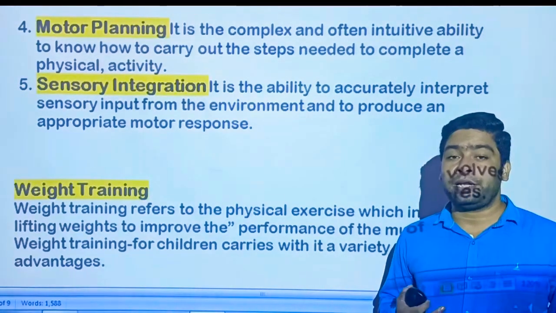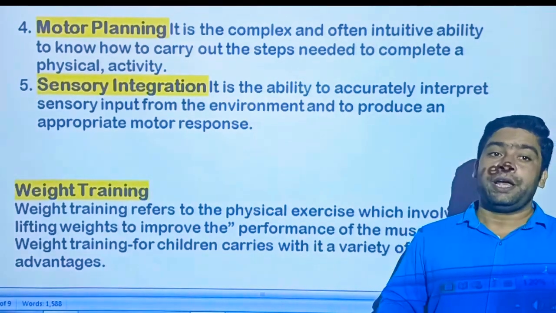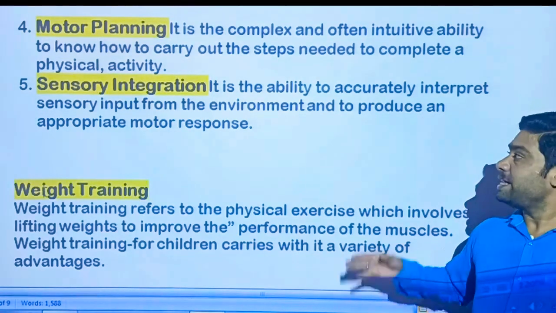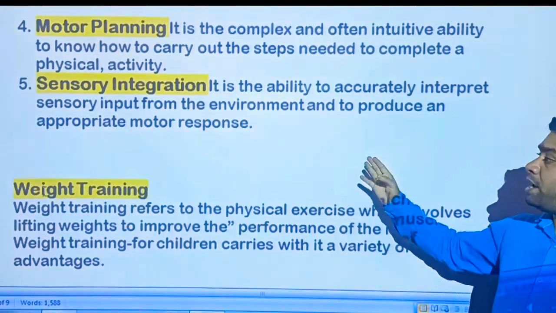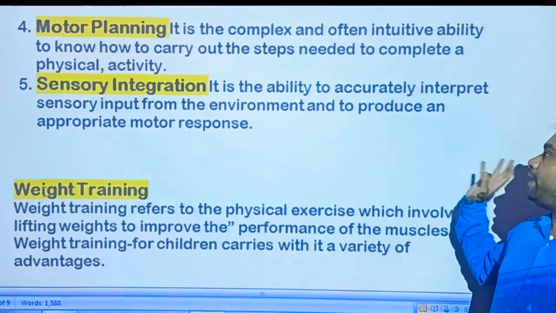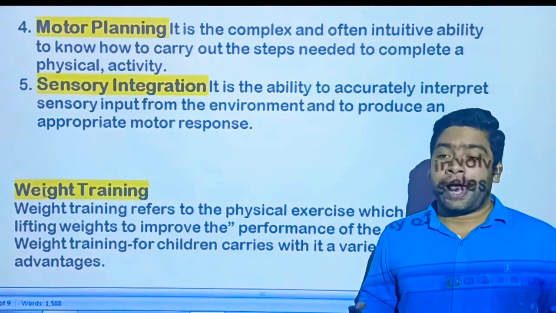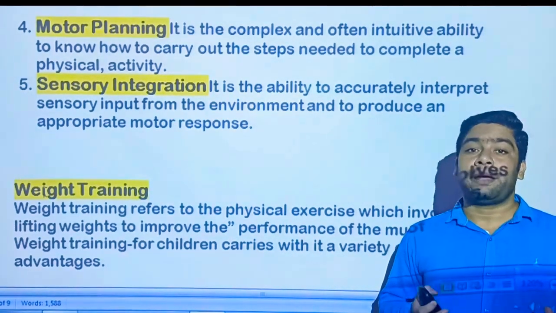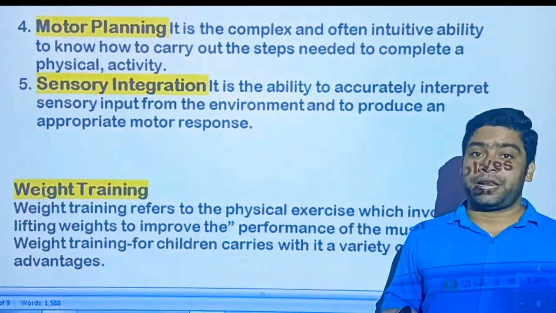That means planning how to do the physical activity in a better way with less energy. Another one is sensory integration. Sensory integration is the ability to accurately interpret sensory input from the environment and to produce an appropriate motor response. For example, if I am exhausted because of heat, how do I maintain my body temperature to give extra effort in any physical activity.